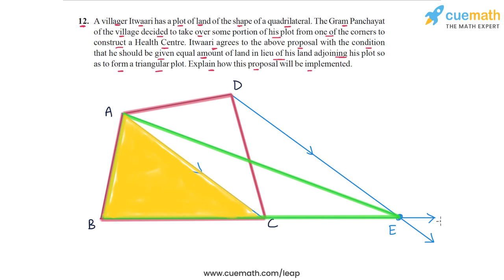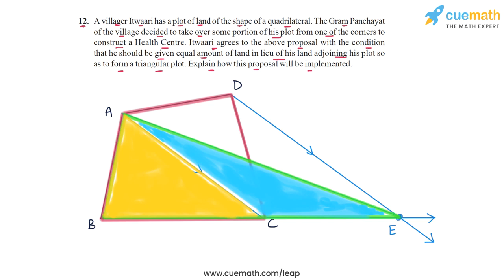Now to get the area of quadrilateral ABCD, you need to add the area of triangle ADC to this area. And to get the area of triangle ABE, you need to add the area of ACE. So once again, adding the area of ACD gives you the area of quadrilateral ABCD, and adding the area of ACE gives you the area of triangle ABE.